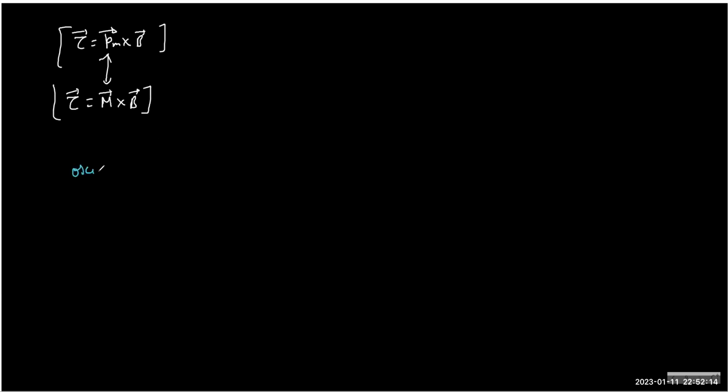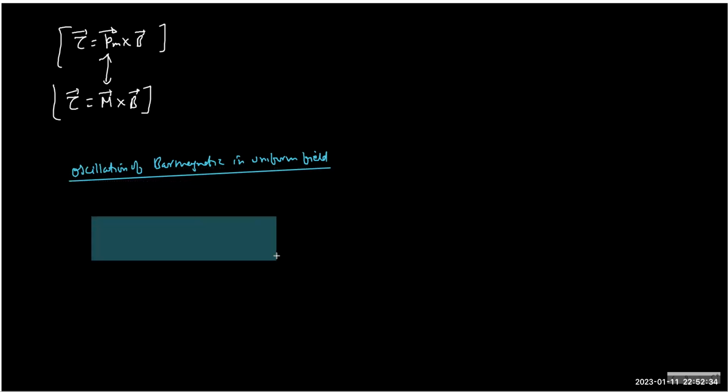Oscillation of bar magnet in uniform field. So bar magnet is like a rod. Depends on whether it's a cylinder or not. If you think bar magnet is a cylinder with well-defined radius, the moment of inertia is going to be interesting.